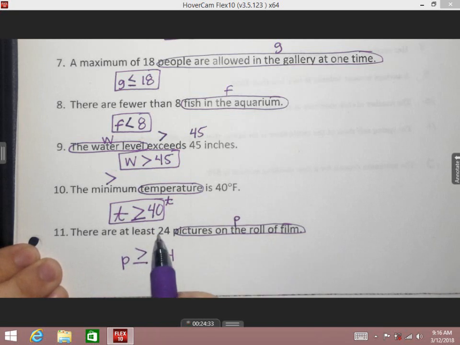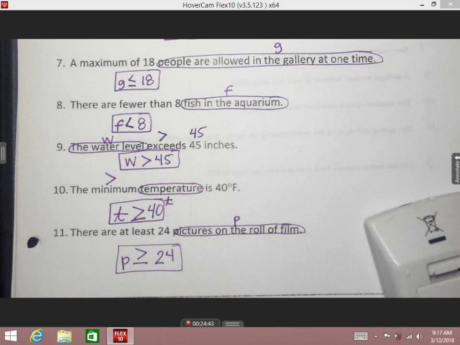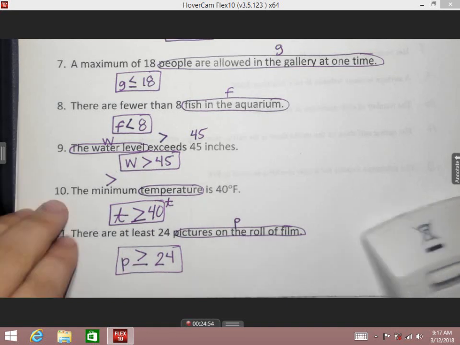Because at least means that that is the smallest. So everything else has to be bigger than or equal to 24. All right, and again, guys, that was the 4th time we saw at least on this one side. At least is important. All right, minimum, maximum are important.